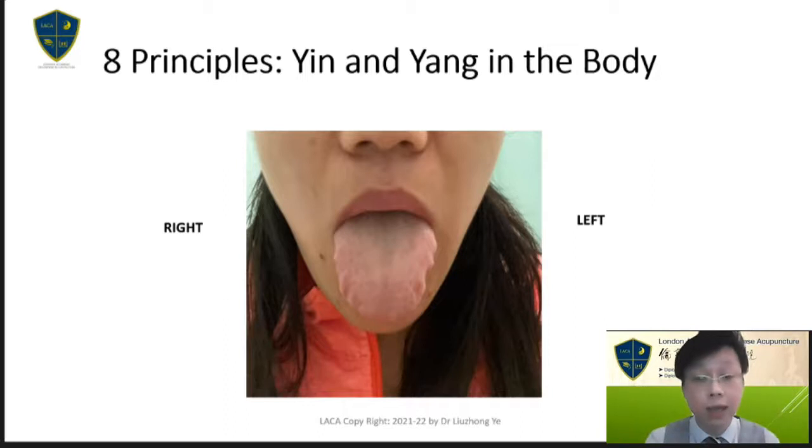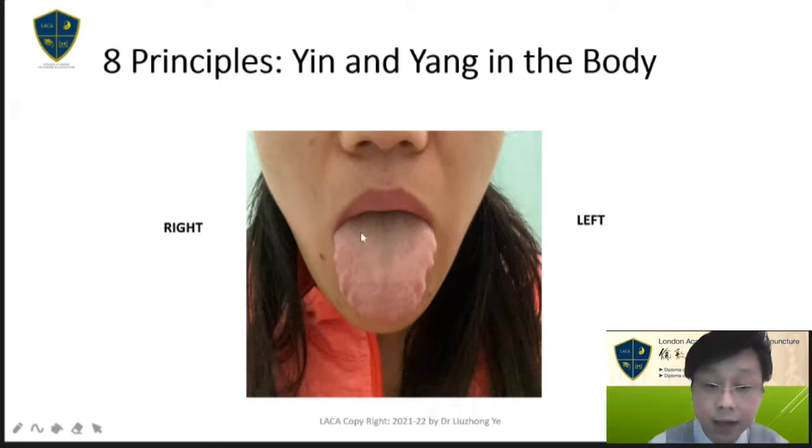That means she's not only having internal organ issues, she also has external issues. And how to tell the external issues from the tongue, we'll talk about later, but just to give you some hint: external issues on the tongue are usually reflected by the look and color of the coating, and also the color of the tongue body too.